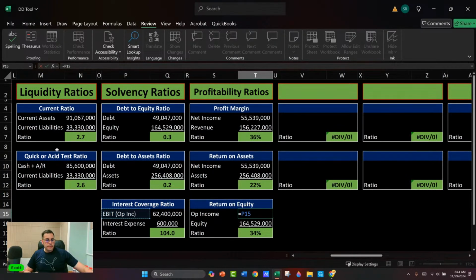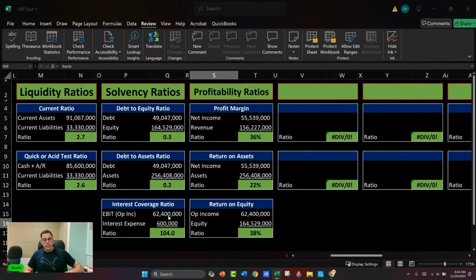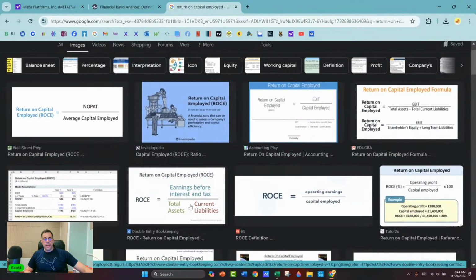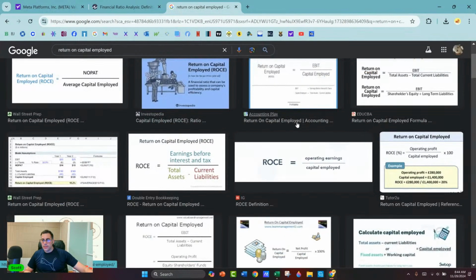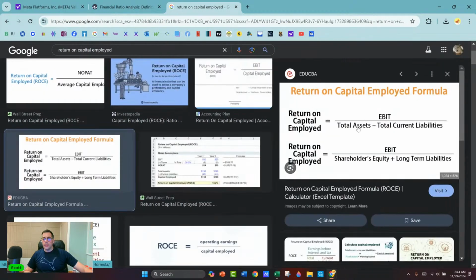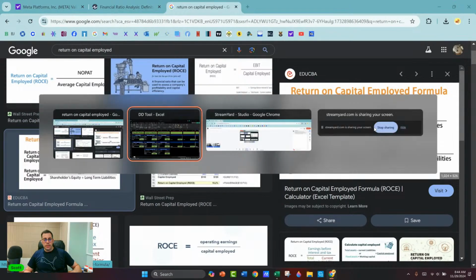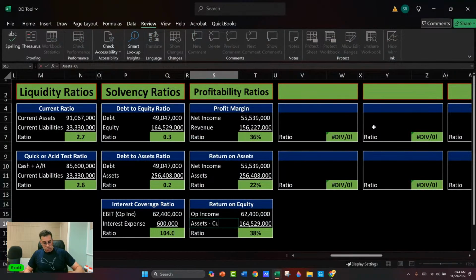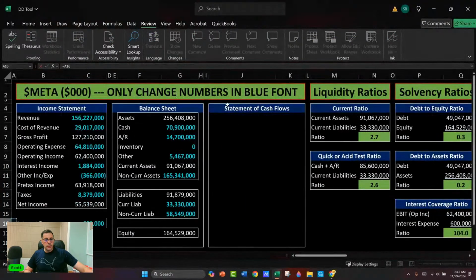So operating income over capital employed, they define it as total assets minus current liabilities. But I bet you'll find different definitions. This website calls it total assets minus total current liabilities, or equity plus long-term liabilities. So assets minus current liabilities.